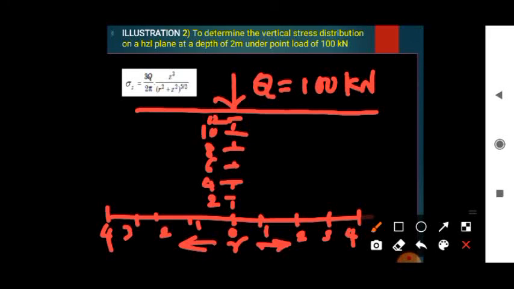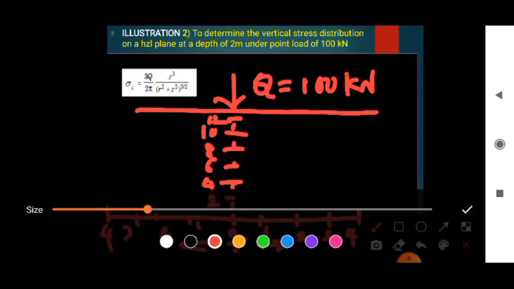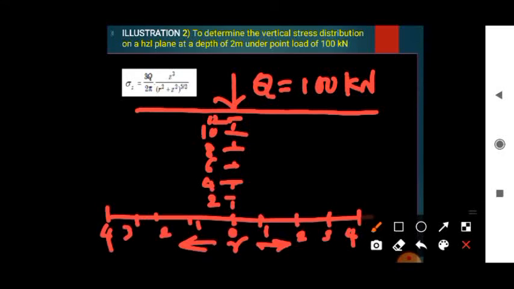Now if we plot the vertical stress distribution diagram for 2 meter depth, the shallow depth, the values were 11.94, 6.83, 2.11, 0.63, and 0.21.